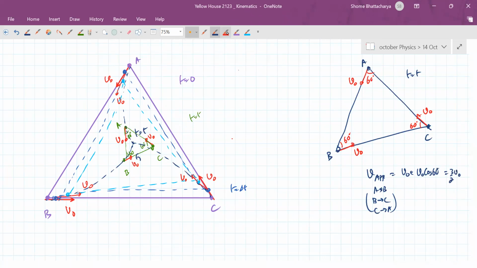Now at some later time also the same thing is happening. The triangle has changed geometrically, it becomes smaller, and it's turned and all that. But if you look at the three particles with respect to each other, they're still in that same situation.